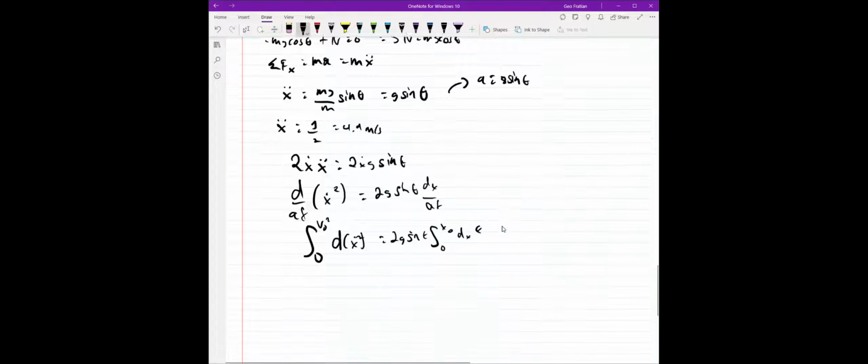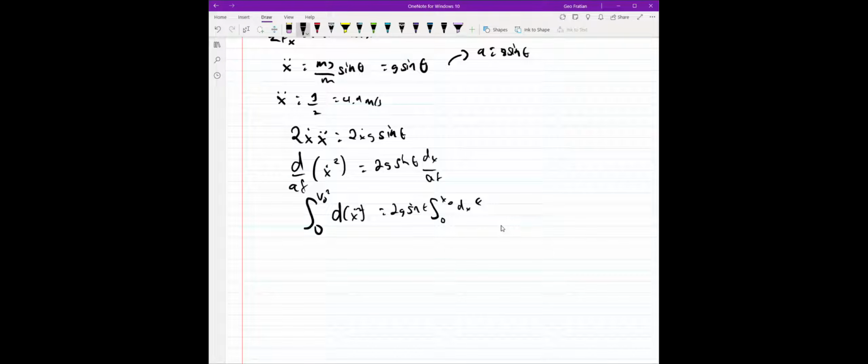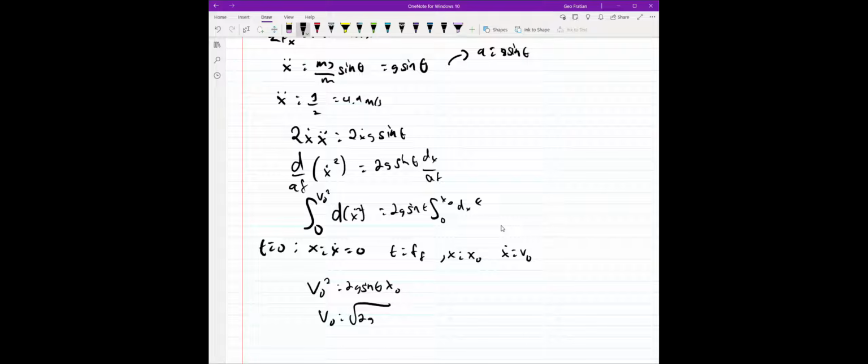And we can plug in our knowns, which are at t is equal to 0, x is equal to 0 and the velocity is equal to 0, and then at t is equal to t final, x is equal to x naught if it goes a distance x naught, and x prime is equal to v naught. So then v naught squared is equal to 2g sine theta x naught, or v naught is equal to the square root of that. And there you go, that's a simple example of how it works.